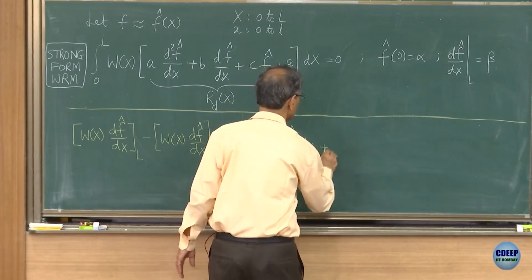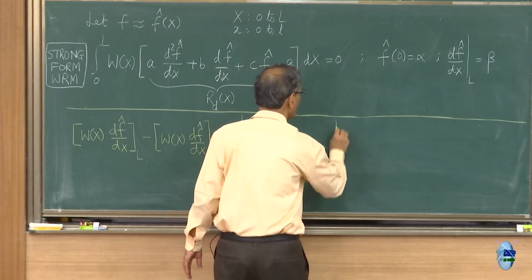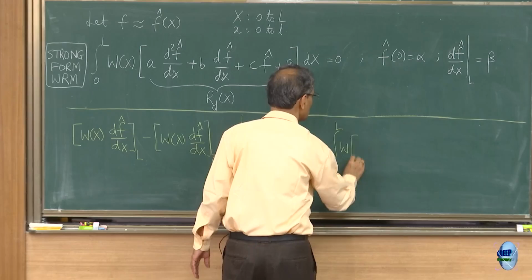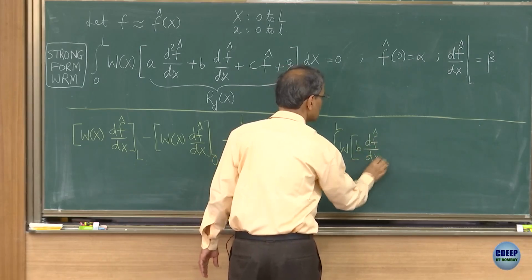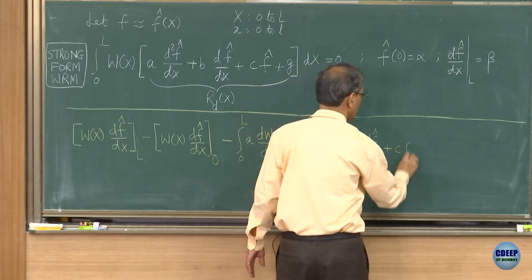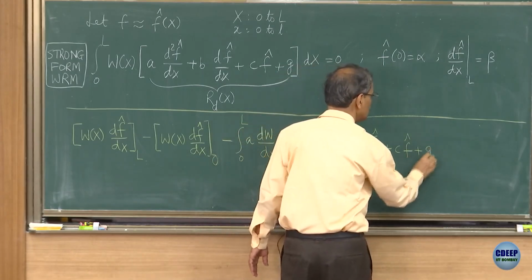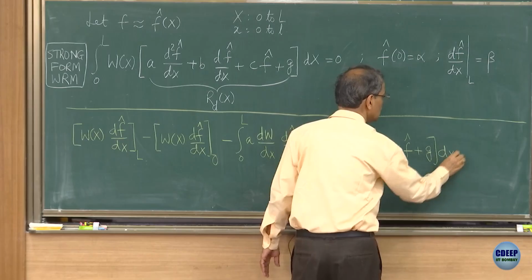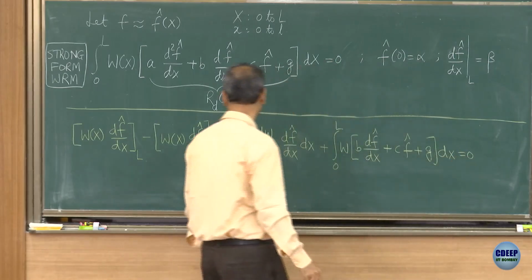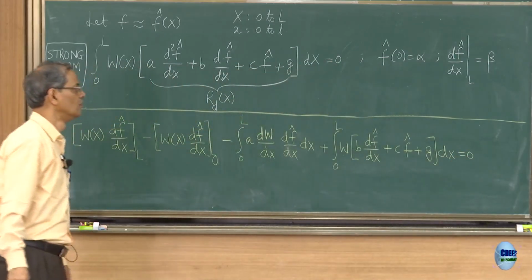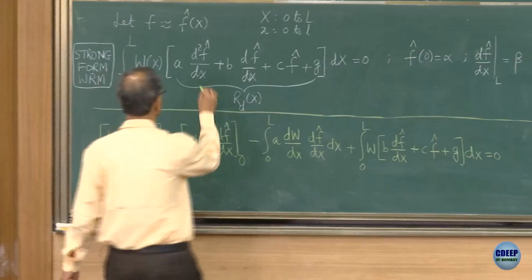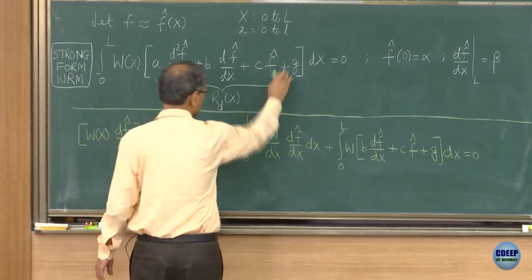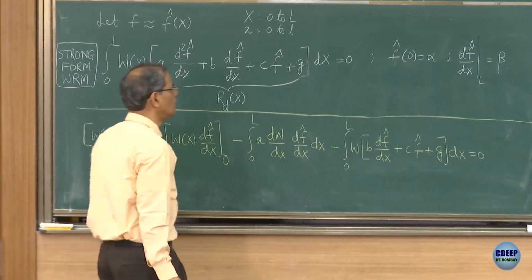So they will be just the same: integral 0 to L w times b df hat by dx plus c f hat plus g, dx is 0. Okay, fine. I have done integration by parts on the first term. Rest of the terms I just carry as they are.